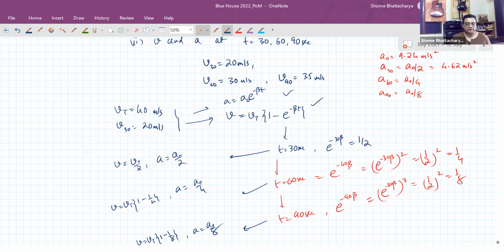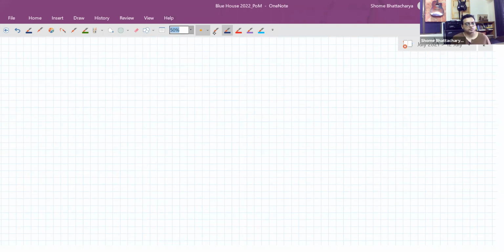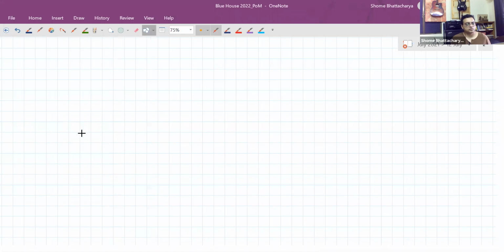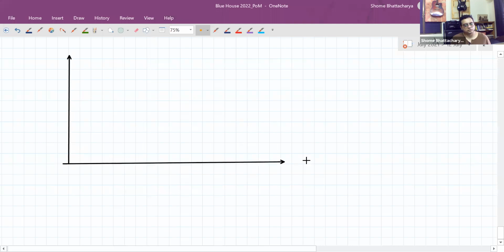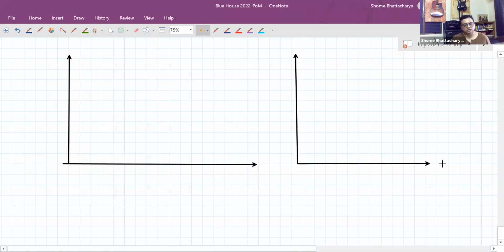Okay, so if we analyze this information graph-wise, it also gives us something quite interesting. See both the graphs simultaneously: our velocity versus time graph and our acceleration versus time graph. This is following this kind of pattern.